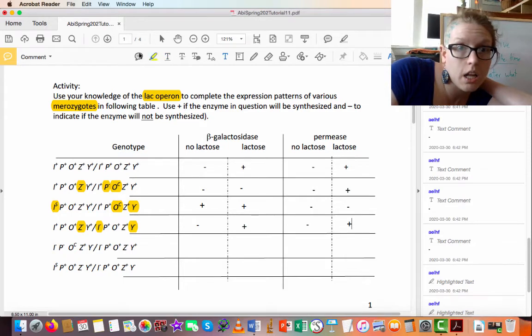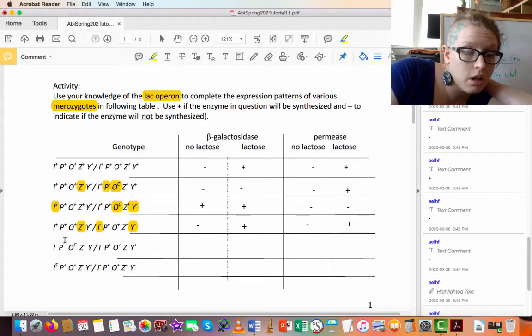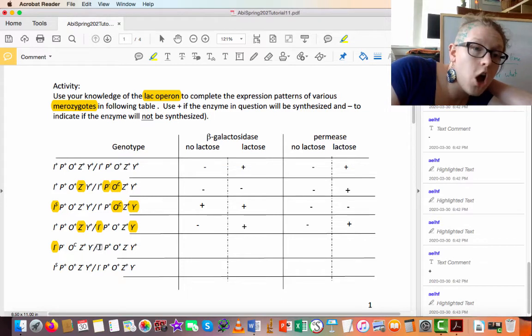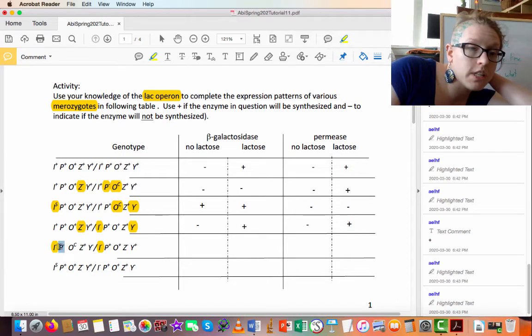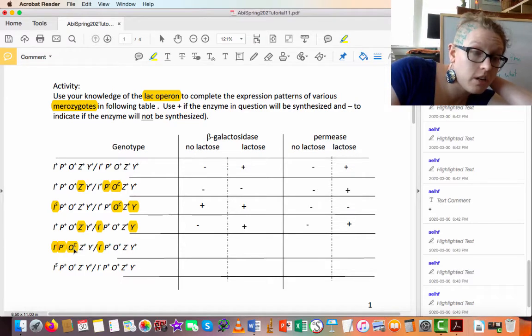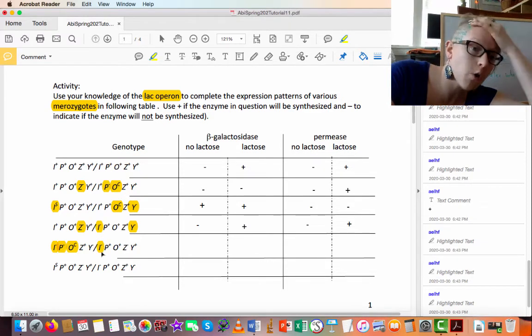All right. Next up, we have no repressors. This promoter doesn't work, so it doesn't matter that this operator is constitutively active. None of this is going to happen because we don't have a functional promoter. All we have is this side, and there's no repressor.